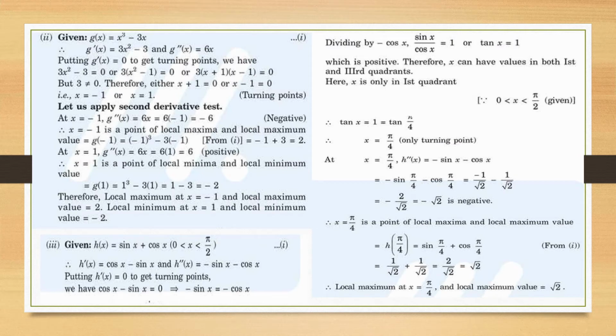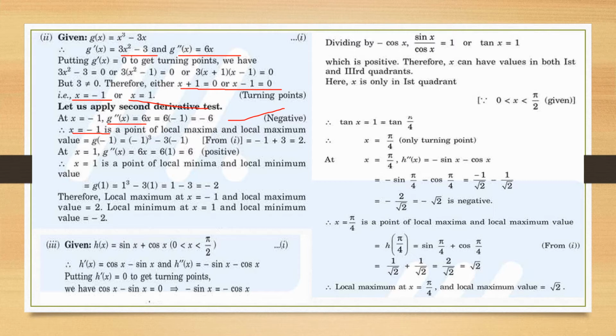Second one is x cube minus 3x. The derivative is 3x square minus 3, double derivative 6x. To find the critical point, put g dash x equal to 0. I'll get x plus 1 equal to 0 or x minus 1 equal to 0. That means it is -1 or 1. So let us apply the second derivative test. The value of g double dash x at -1 is -6, which is negative, and so x equal to -1 becomes the point of local maximum.